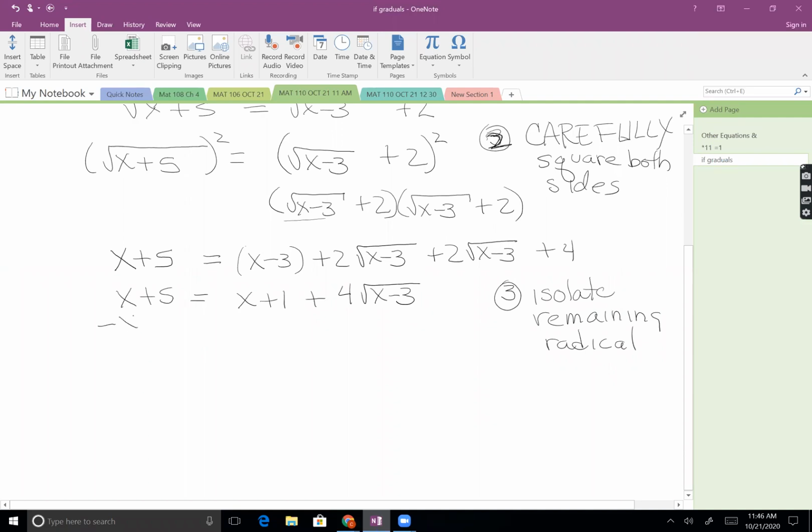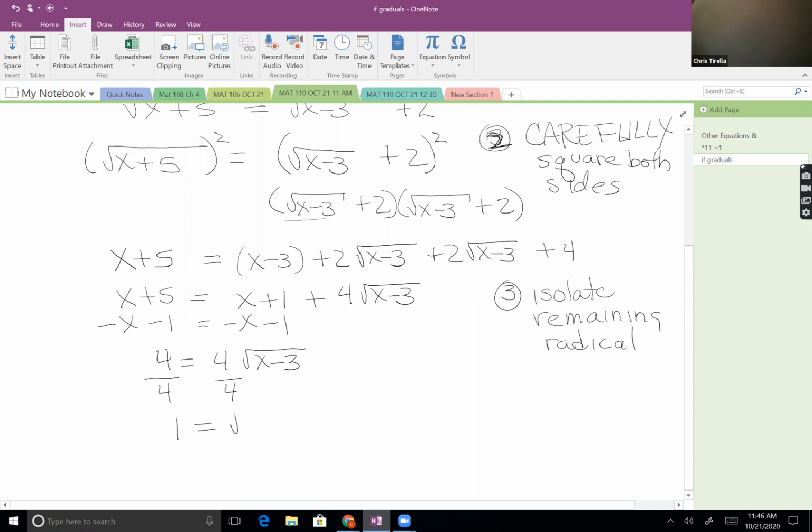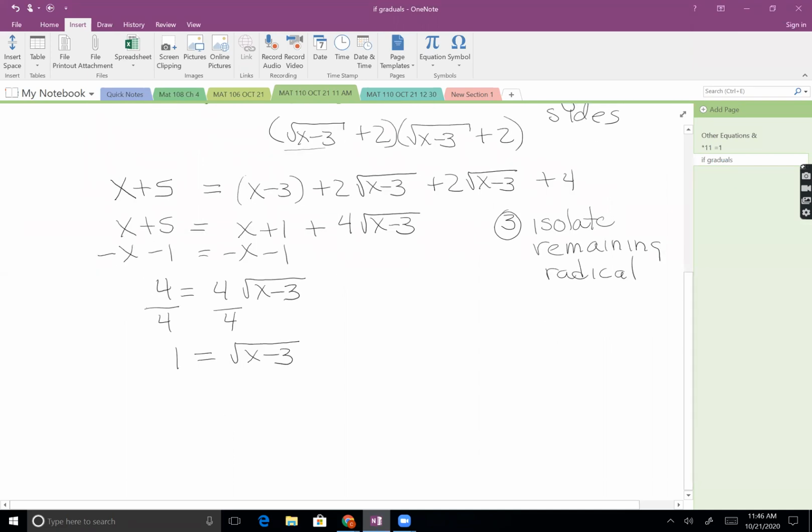So let's subtract x and subtract 1 from both sides, giving me 4 equals 4 times the square root of x minus 3. Not quite all alone. Let's divide both sides by that 4. And get 1 equals the square root of x minus 3. And that was all so much fun. Let's go through and square it again.